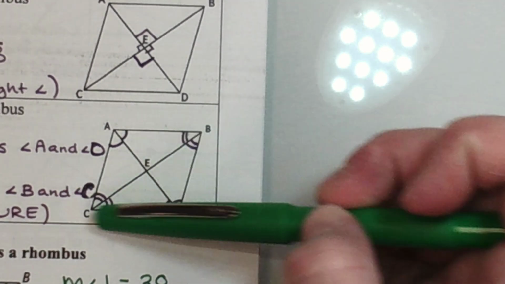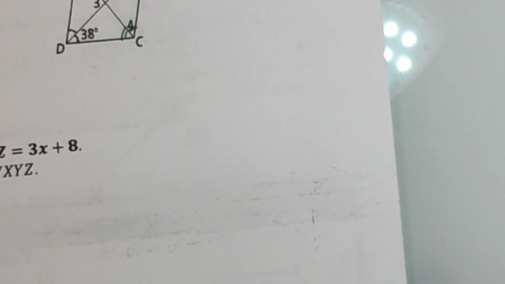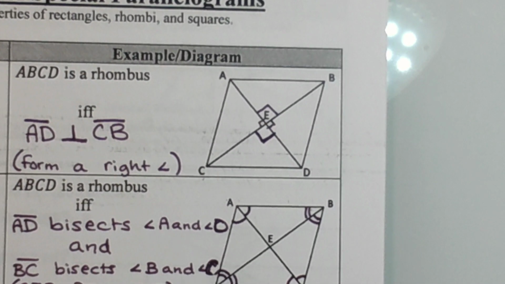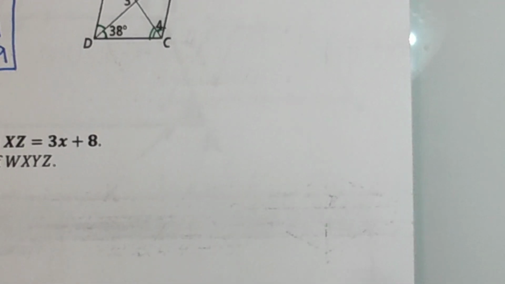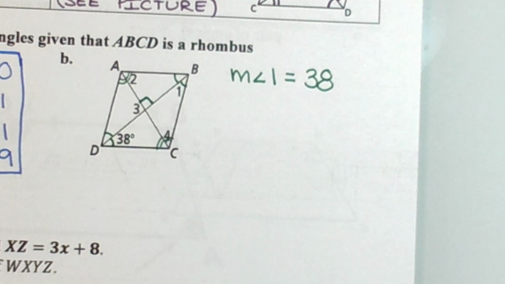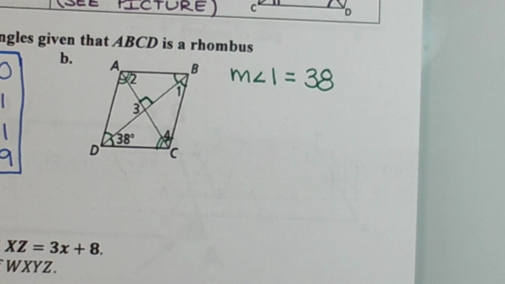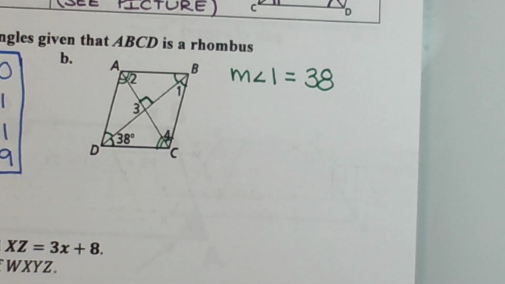We did all of these. Have we done these? What are those symbols? We have right angles where the diagonals intersect. Do we know either 2 or 4 or 3 right now?